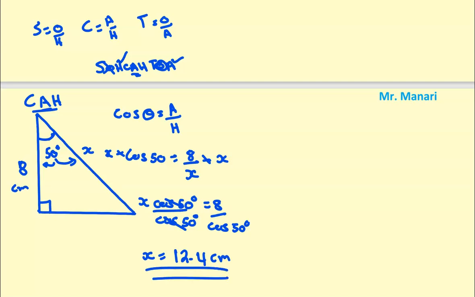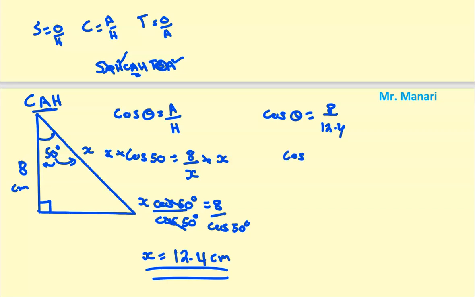12.4, I'm assuming it was in centimeters. The same way, if you want to find the angle, just make sure that what you are looking for is theta. Say that cos theta is equal to adjacent over hypotenuse. Our adjacent we still had as 8, and the hypotenuse was 12.4. So you just have to find the cos inverse of 8 over 12.4.